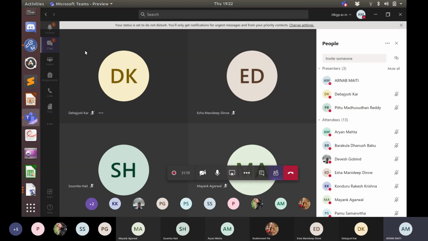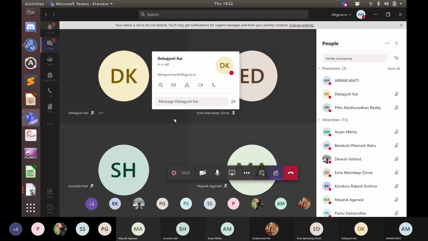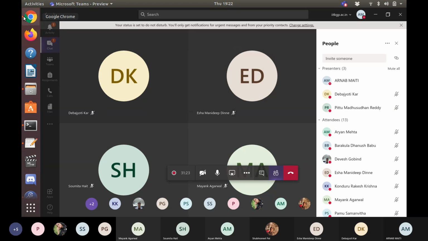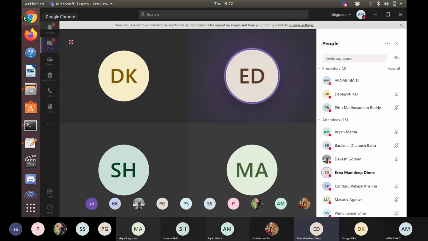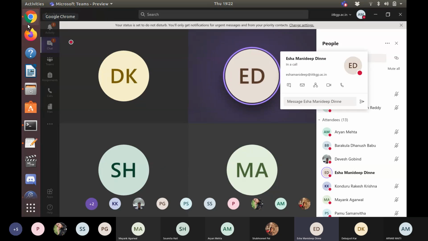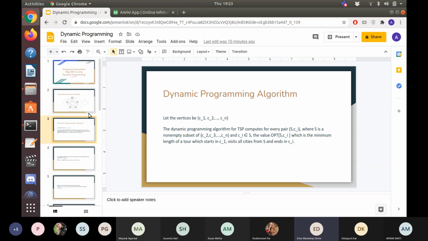Would anyone like to try? We can set S to the original set, and for each vertex we can look at the minimum weight from that vertex to C1, and then from there we can easily do that.